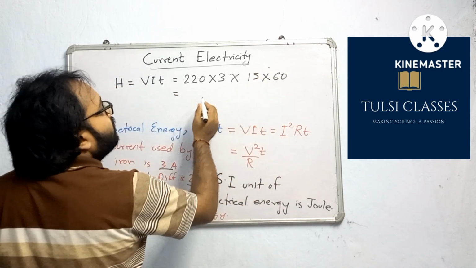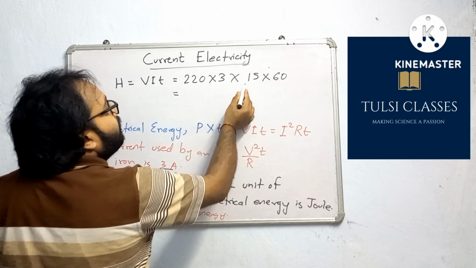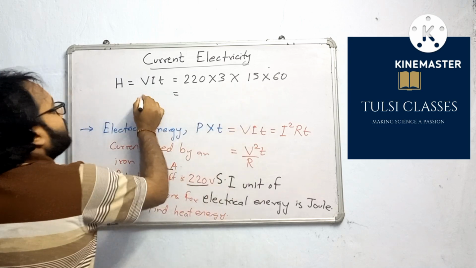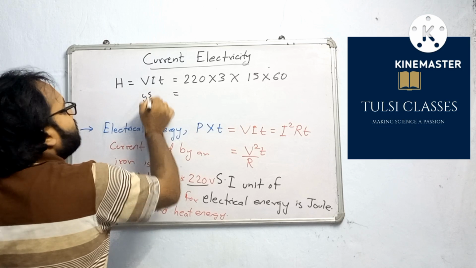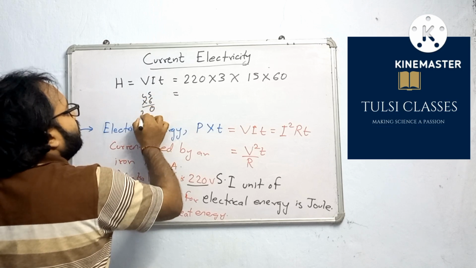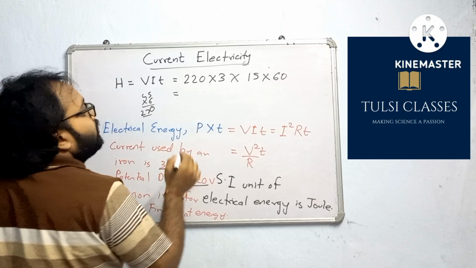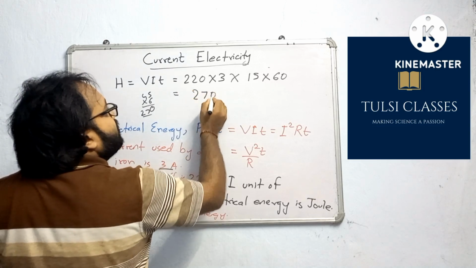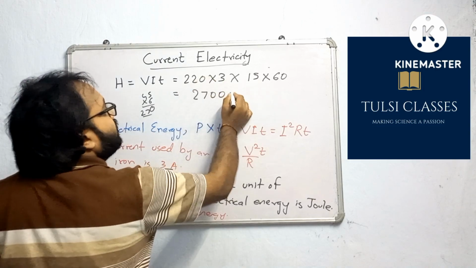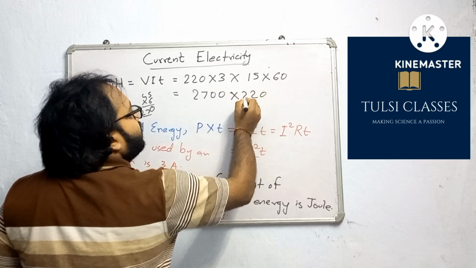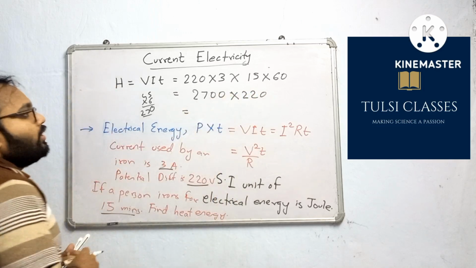Do the calculation: 15 times 3 is 45, into 6, that is 270, so 270 into 10 and 220.